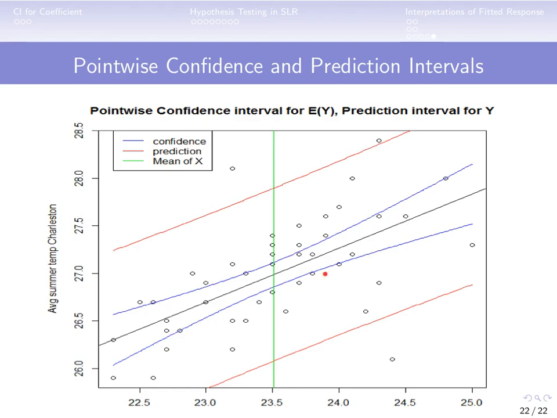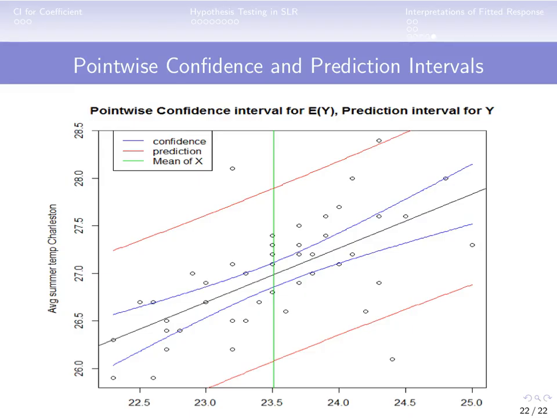Notice the blue line tries to capture where the line is, because it's just trying to find the average, which is the line. The prediction interval is in red. Again, for each value of x, I'm computing the upper and lower bound of the prediction interval and overlaying those two lines. The prediction interval is trying to capture the individual data points. That's why it's spread much further apart compared to the confidence interval.